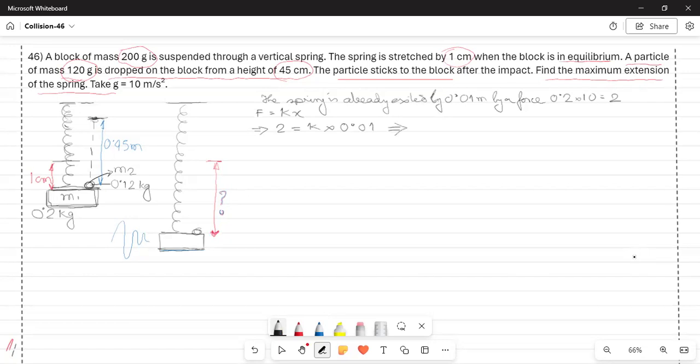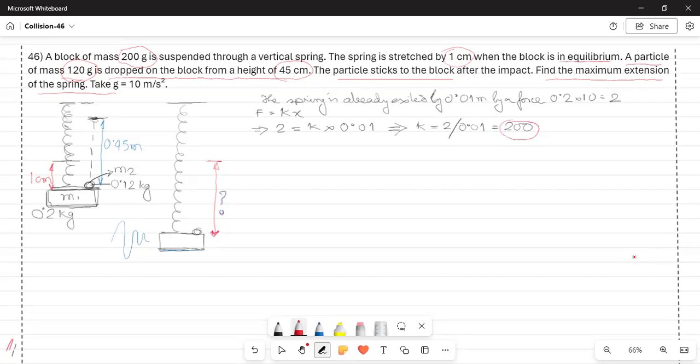So from there we get K is equal to 2 upon 0.01, which is equal to 200. This is one information we shall need in this entire sum. The spring constant K is 200.